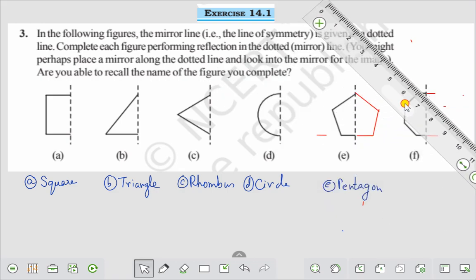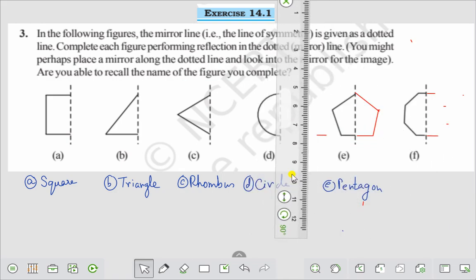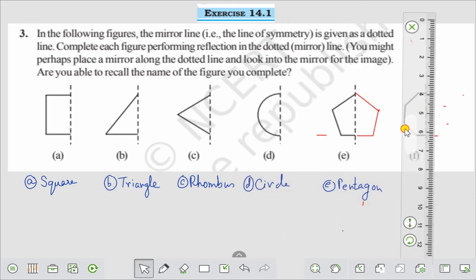Join this point first. First take the vertical line. Let us take the vertical line first.